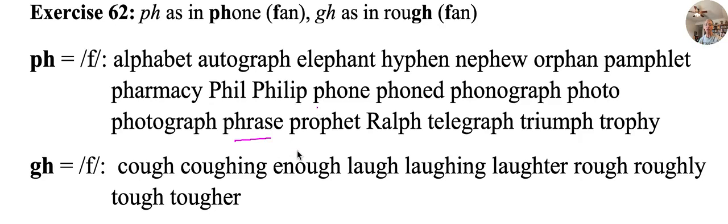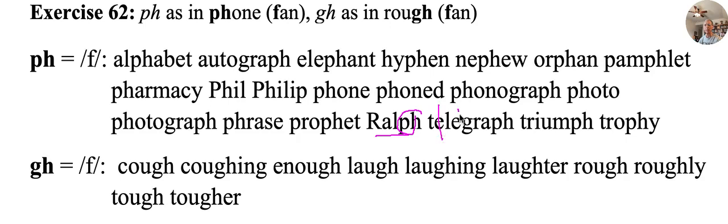John is in the house, that's a sentence, but in the house is a phrase. Can't stand by itself. Prophet. A prophet is a person who can tell you what's going to happen in the future, or sometimes someone that talks for somebody else. Then we have a name, Ralph. And this PH is pronounced as an F.